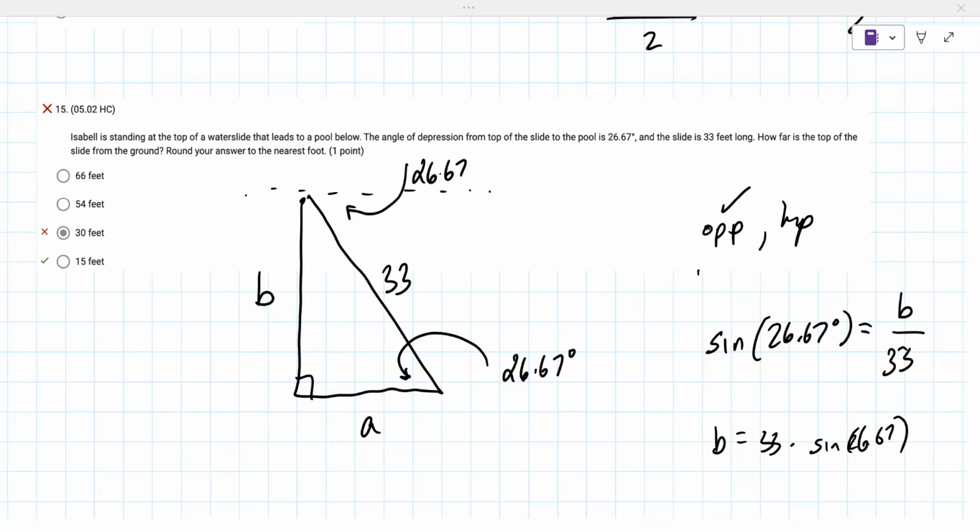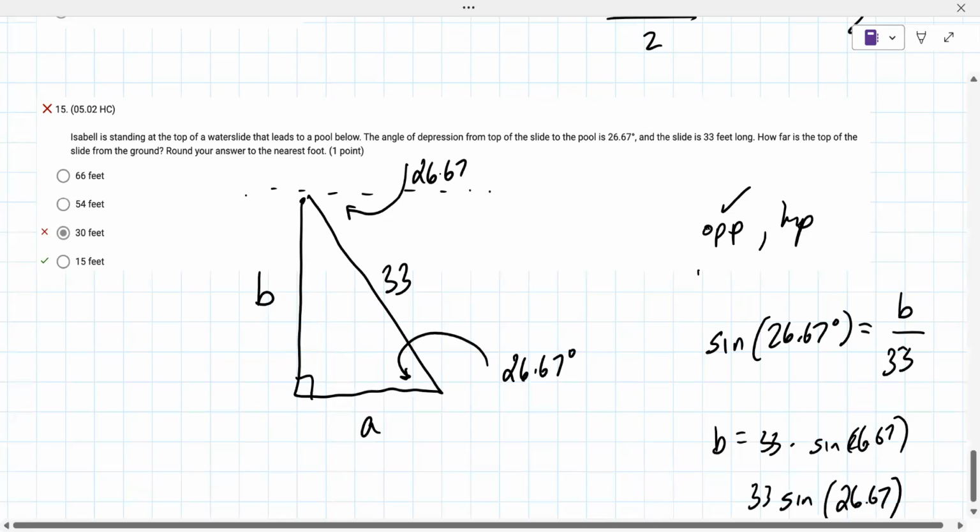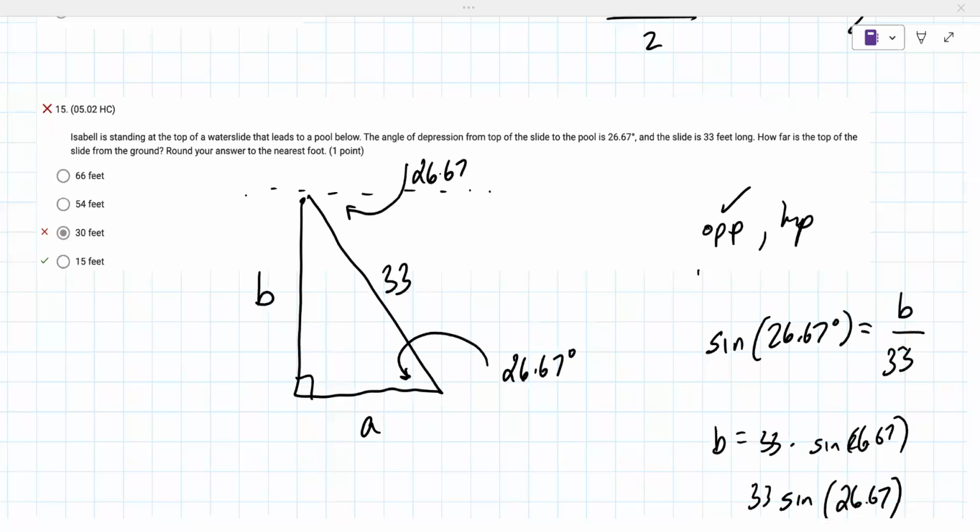Okay, let me try it myself here, expecting that to just work out nicely. 33 times sine 26.67. Make sure your mode is in degrees. I get a different result, I get 15. Go ahead and try it one more time.